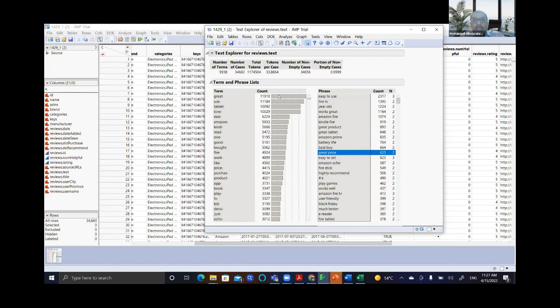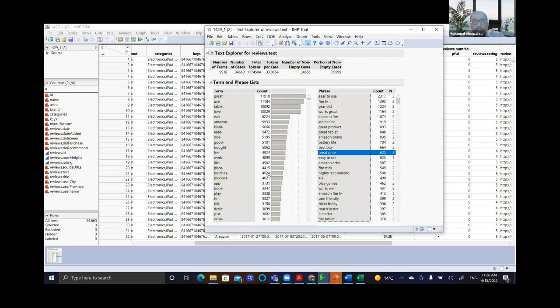And then these are the single words here. You can see we have great, use, tablet, love, easy, Amazon, and so on and so forth, right? And when you see something like this with a dash beside it, that means tokenization happened here. Okay, sorry, not tokenization, stemming happened here, right?